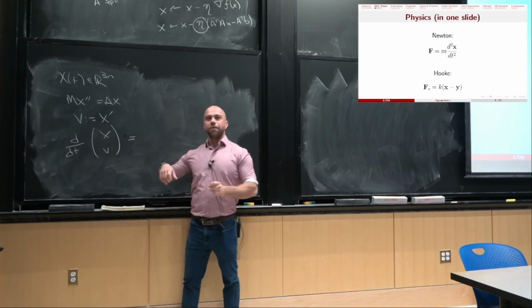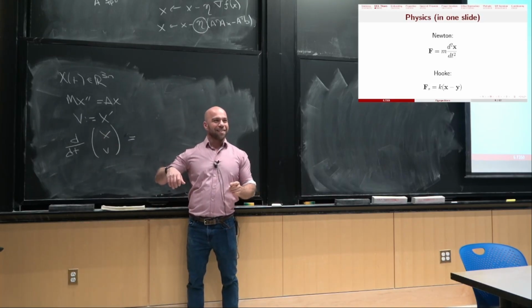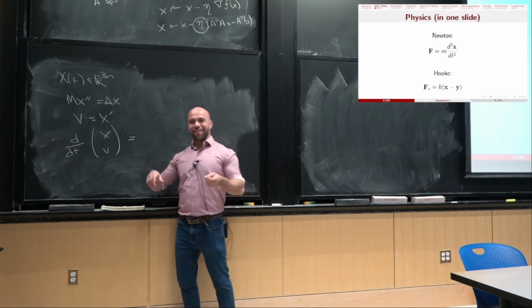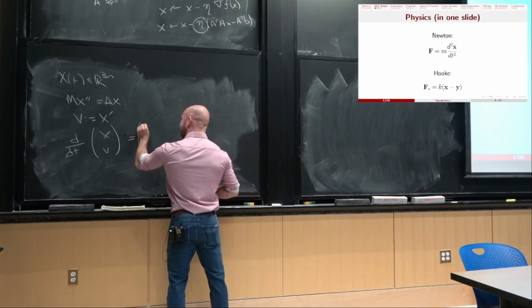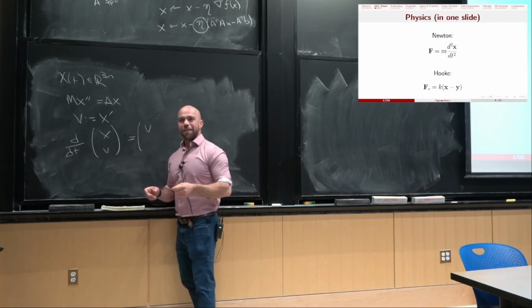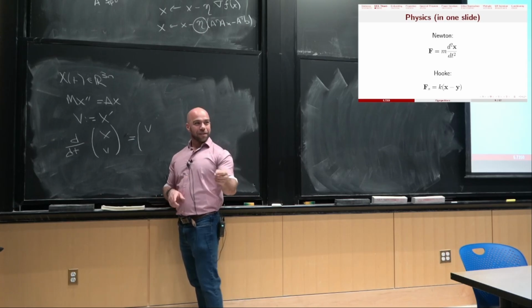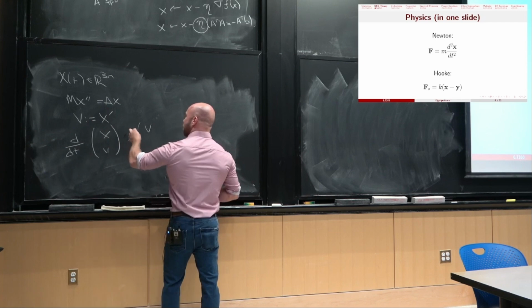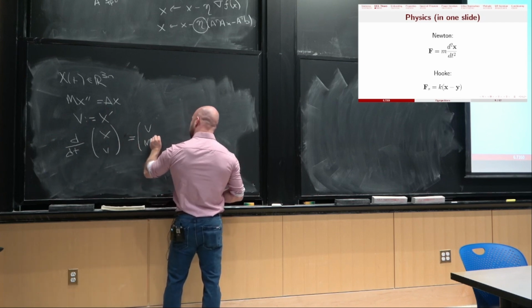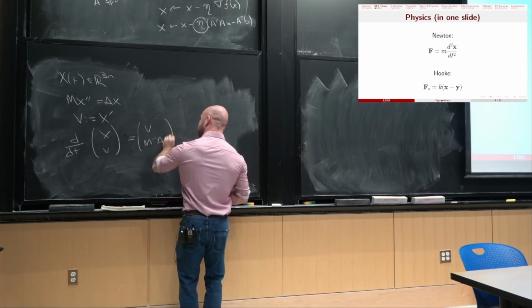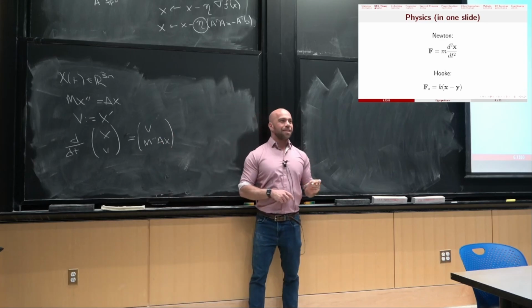What's the derivative of x with respect to time? v, right? By definition. What's the derivative of v with respect to time? Well, v is velocity. So the derivative of velocity is acceleration. So what I get is m inverse A x, like that. It's sneaky, huh?